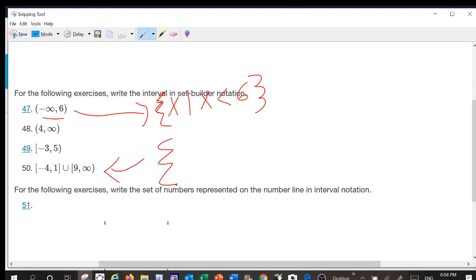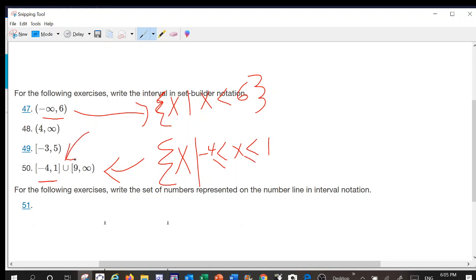And how do we do this one? Well, x such that x has to be between 1 and -4, including 1 and -4. So x has to be to the right of -4 or equal to -4, and to the left of 1 or equal to 1.